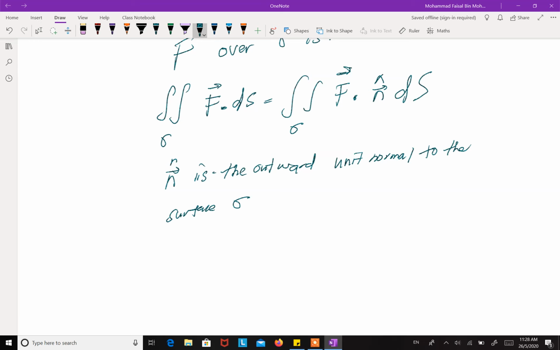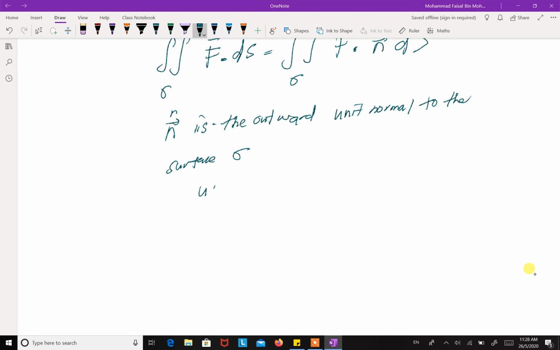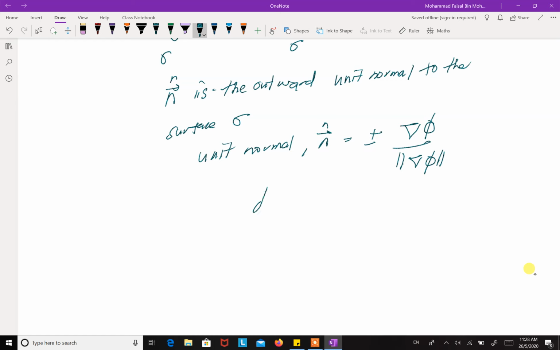So we obtain the unit normal vector to plus minus gradient phi over the magnitude of gradient phi, and the dS will be the magnitude of gradient function dA.